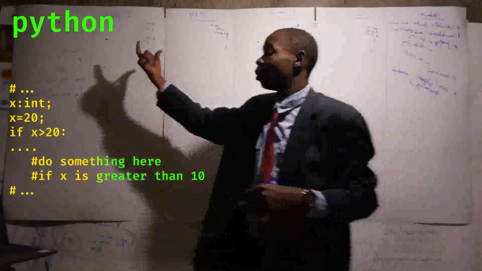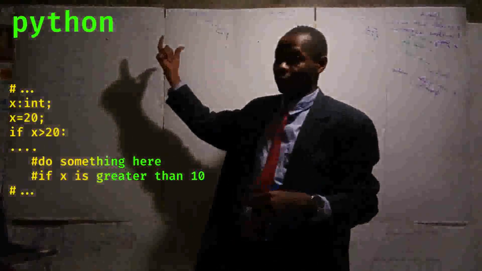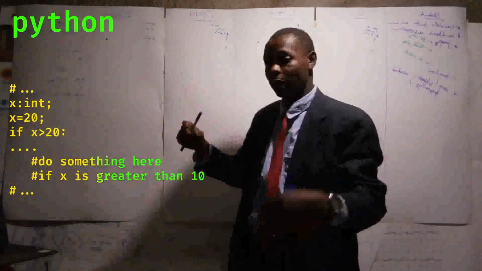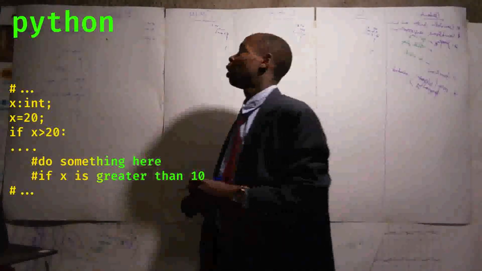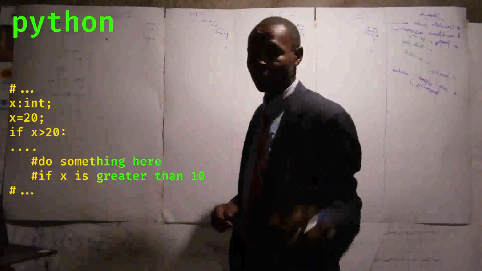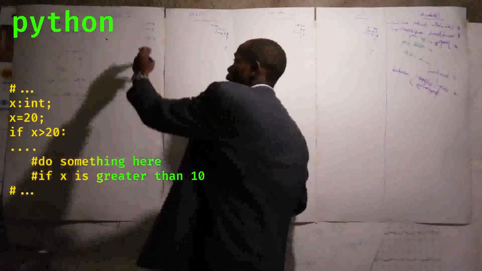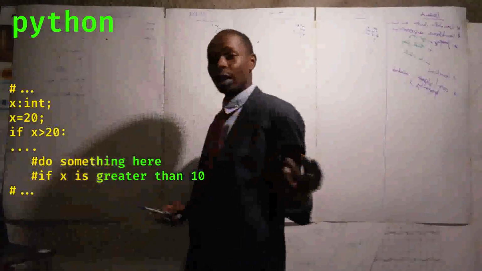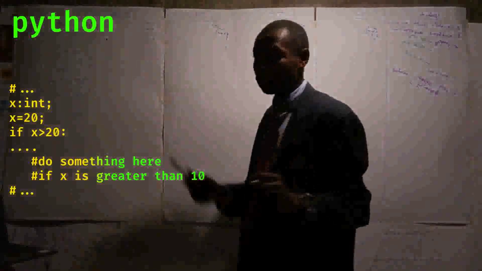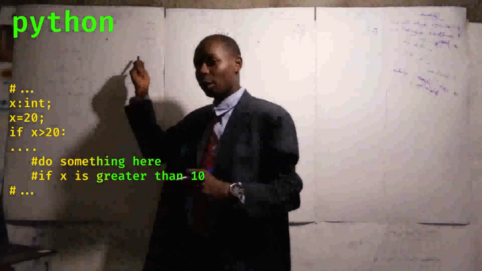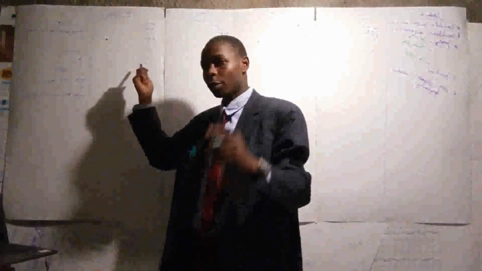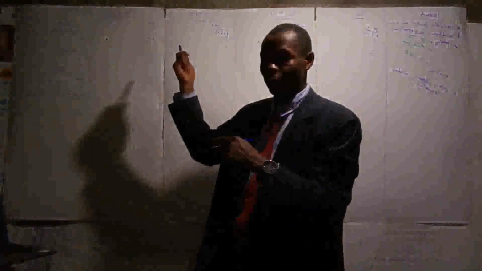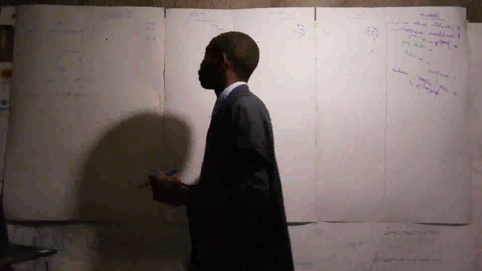Or you can place a tab. The tab gives 4 spaces. Or if you press enter, it will direct your cursor and do the same, and do the job for you. If it doesn't do this job for you, you can do it on your own.